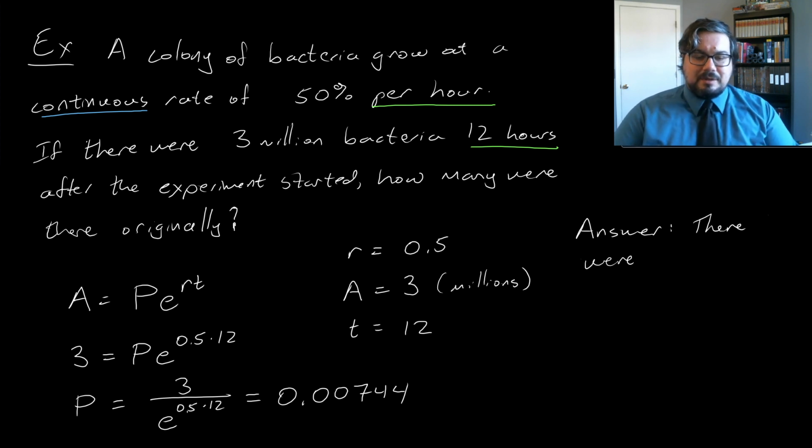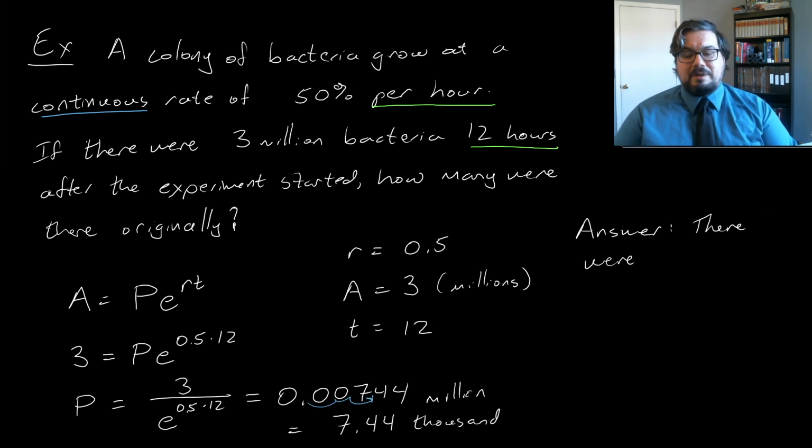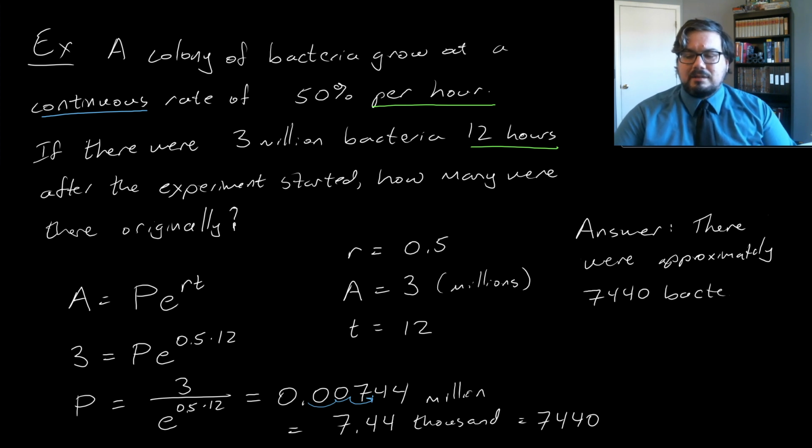So what we can do is say 0.00744 million is equal to 7.44 thousand, by moving the decimal place over three places, or just 7,440. So there were approximately 7,440 bacteria when the experiment started.